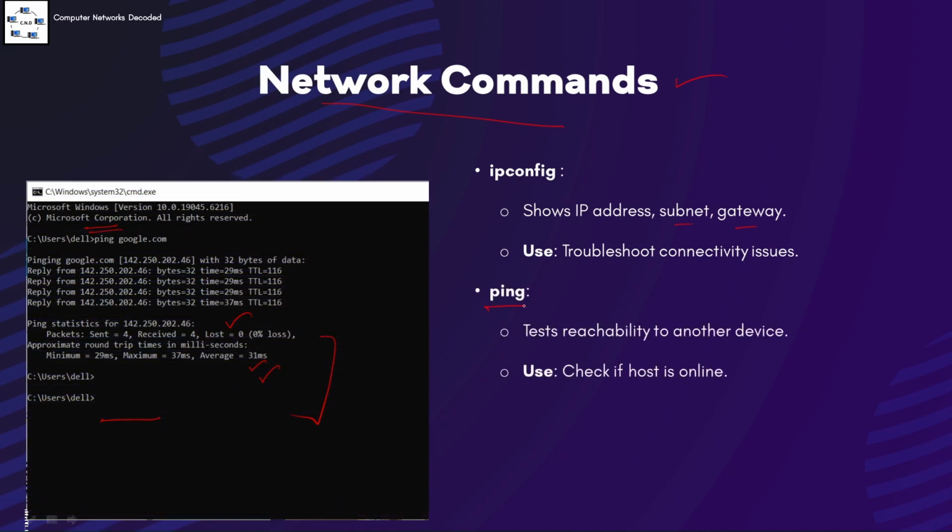Next is the ping command, very popular among network as well as system administrators. This tests the reachability of another device, and it is used to check if the host is online.